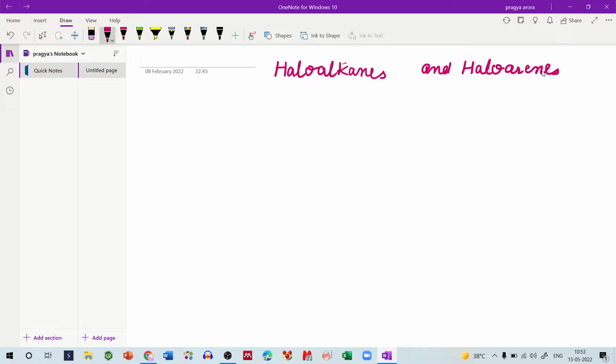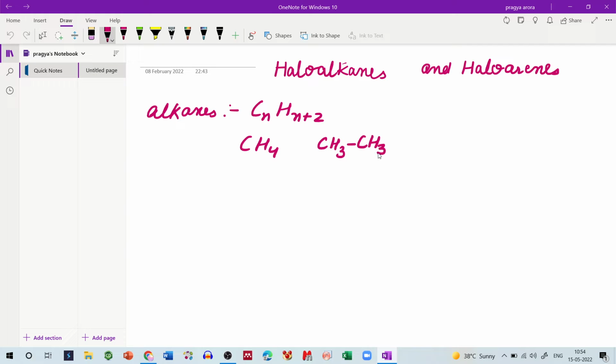So as we know, alkyl halides and halogenated alkanes are a group of compounds derived from the alkanes. Alkanes have the generalized formula CnH2n+2, could be methane, ethane, propane.